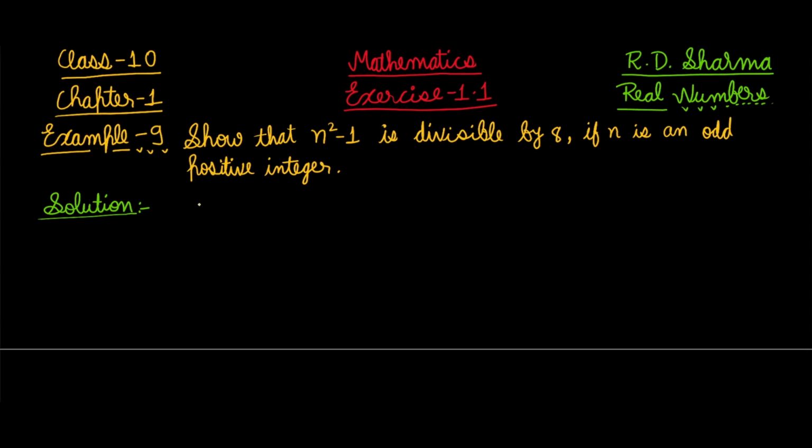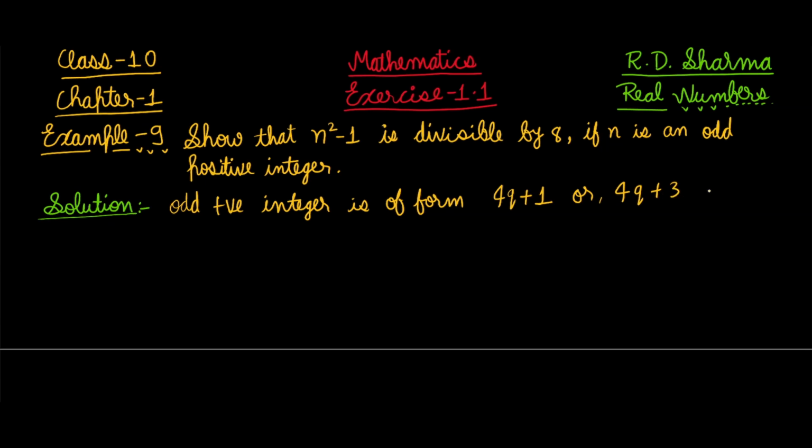So the solution: any odd positive integer is of the form 4q plus 1 or 4q plus 3 for some integer q. So we have the two cases.